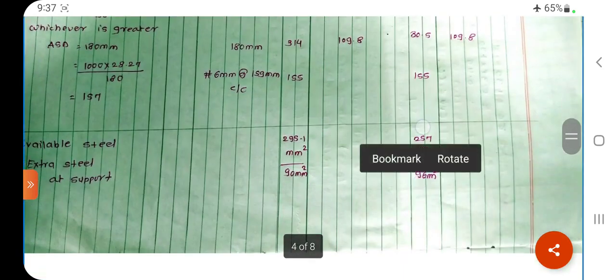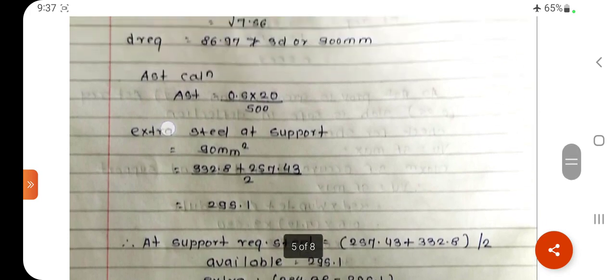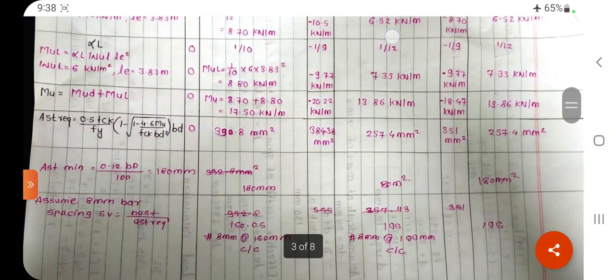Okay, now suppose at this point, what is still required over here? 338 mm square. Now how much steel will be available over here?